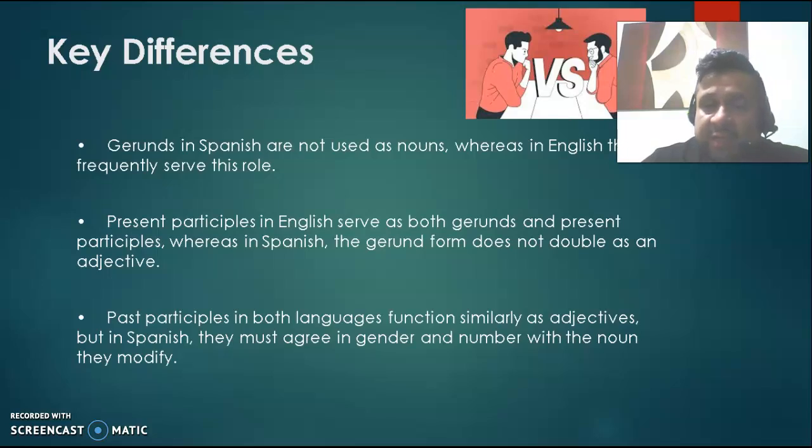Present participles in English serve as both gerunds and present participles, whereas in Spanish the gerund form does not double as an adjective. Past participles in both languages function similarly as adjectives, but in Spanish they must agree in gender and number with the noun they modify.